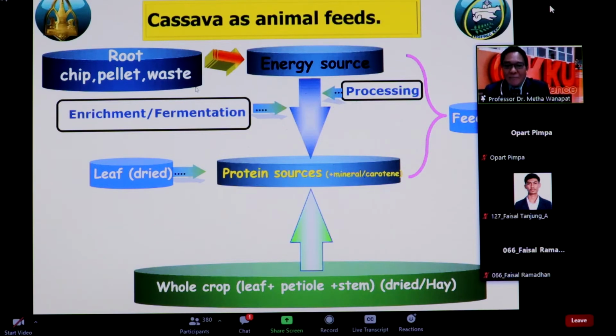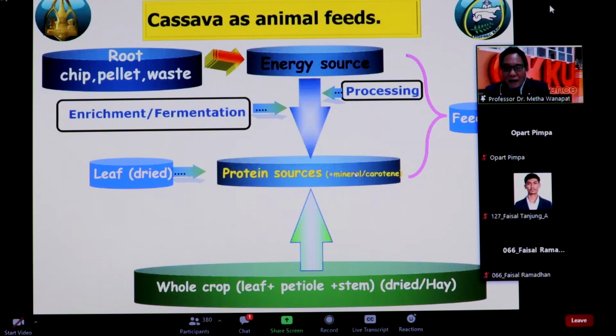But the biomass of the leaf and the stem, the young shoot, can be utilized after sun drying. I have done a lot of work on cassava hay; after drying it can be utilized as a source rich in protein.